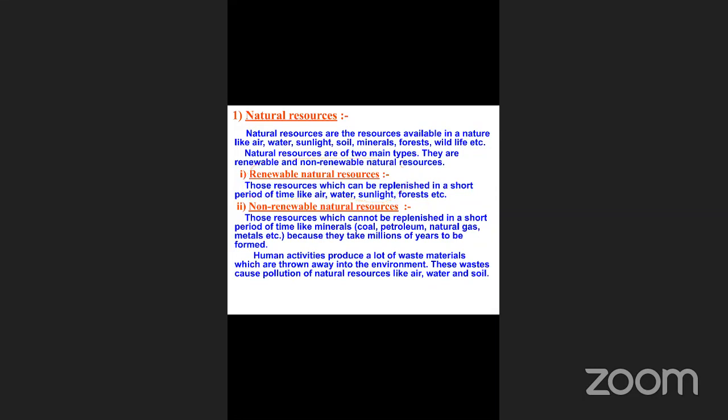Then we have non-renewable natural resources, that is, which cannot be replenished in a short period of time, like minerals, coal, petroleum, natural gas.